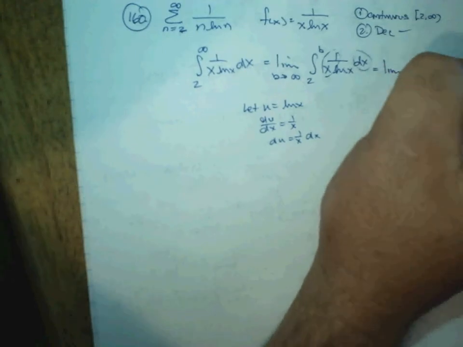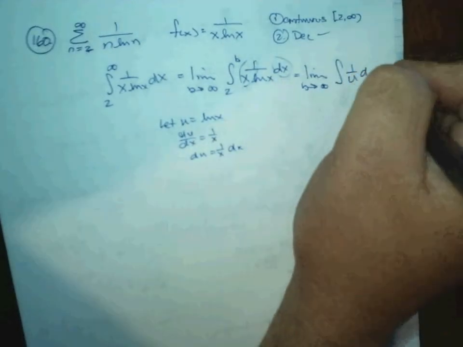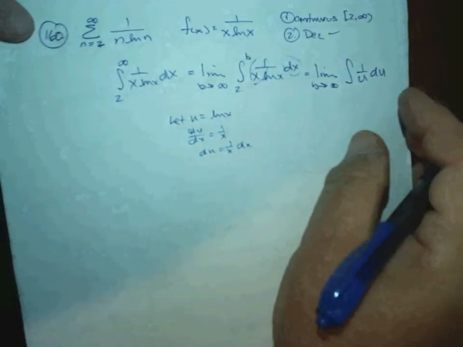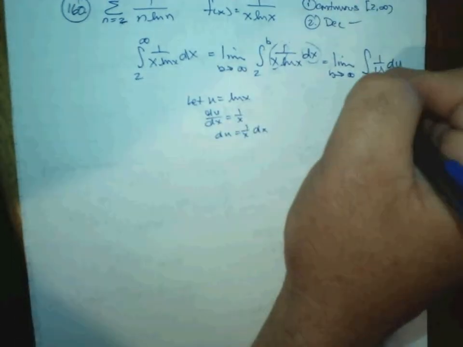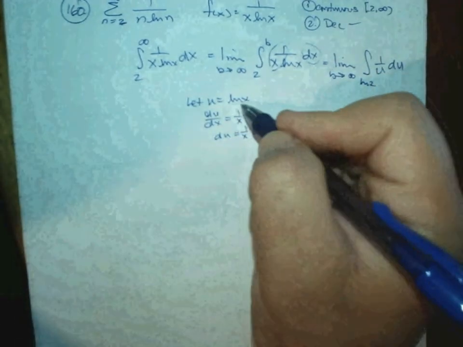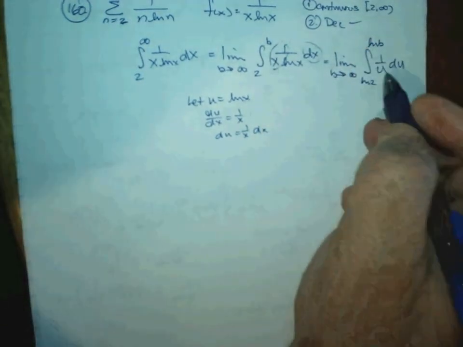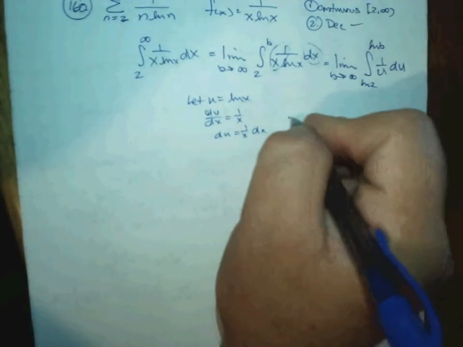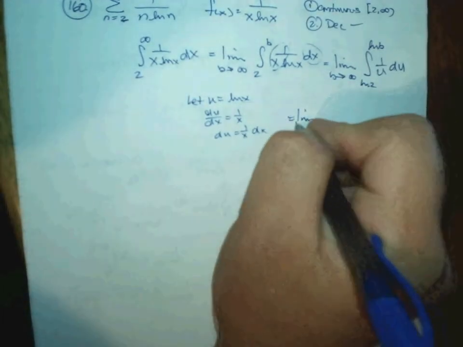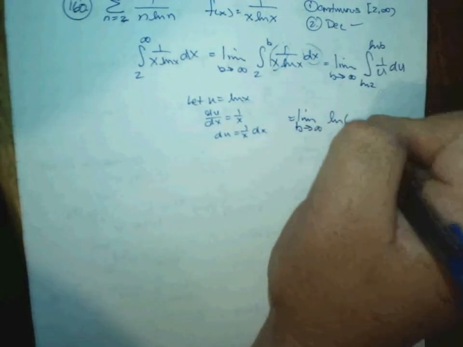So that means that du is 1 over x dx. 1 over x dx is sitting right here. So you're left with 1 over u du when you do the substitution. The limits of integration: when x is 2, u is ln of 2. When x is equal to b, u is ln of b. Integrate 1 over u, you get the natural log of u.